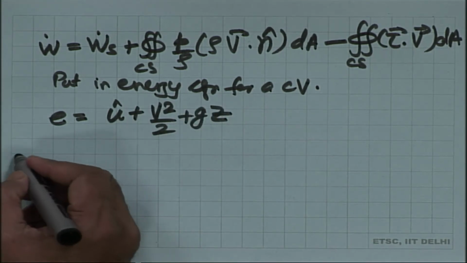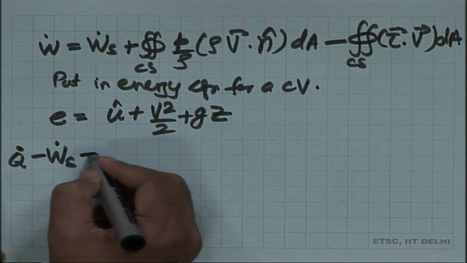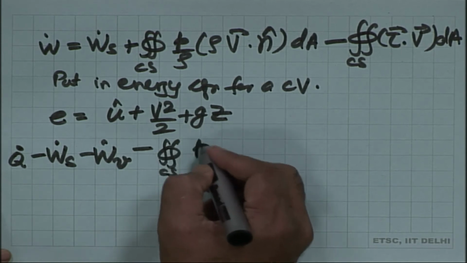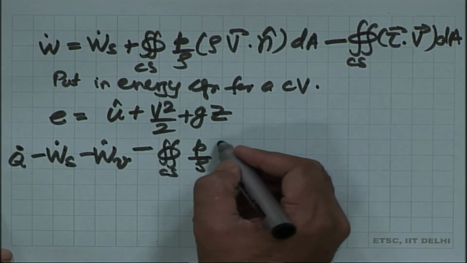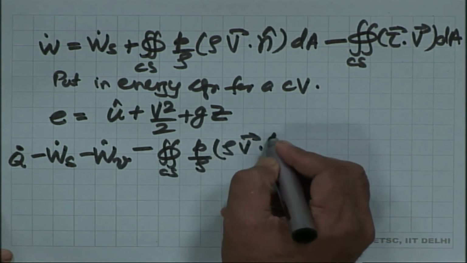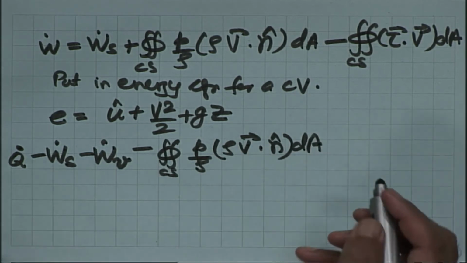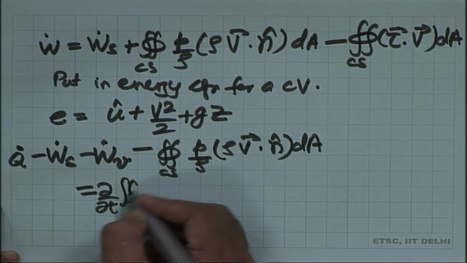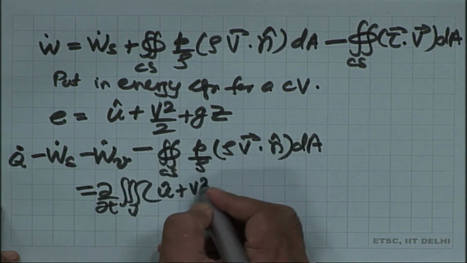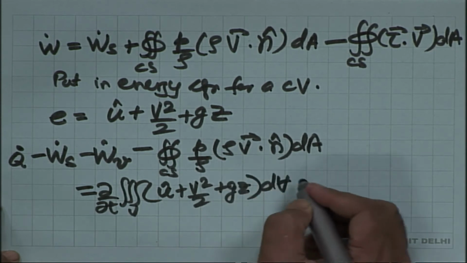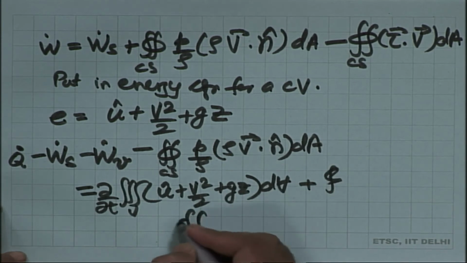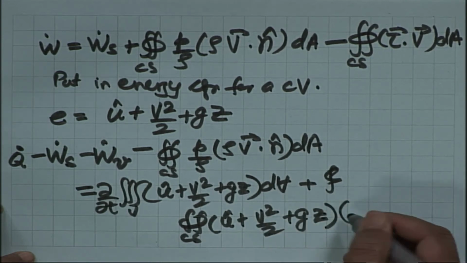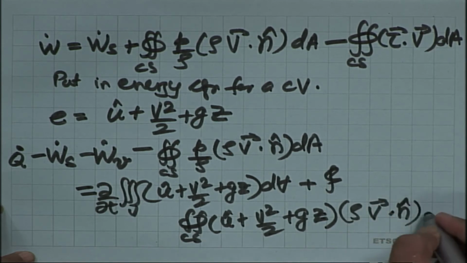Then we get Q dot minus W dot S minus W dot V minus integral on the control surface P by rho V dot n dA, equal to d by dt of the volume integral of small e, which is u plus v square by 2 plus gz dV, plus, let us write it separately, integral on the control surface u plus v square by 2 plus gz rho v dot n dA.